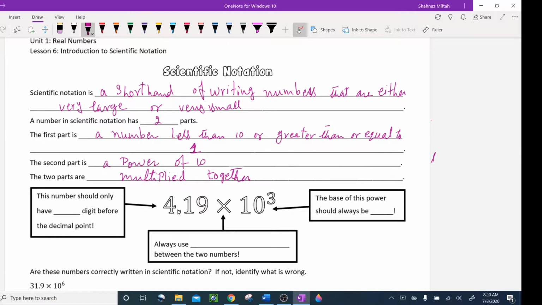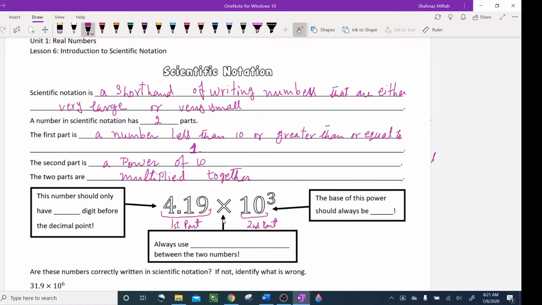Now the first part that they are talking about, that's the first part: the number less than 10 or greater than or equal to 1. This is the second part, a power of 10.